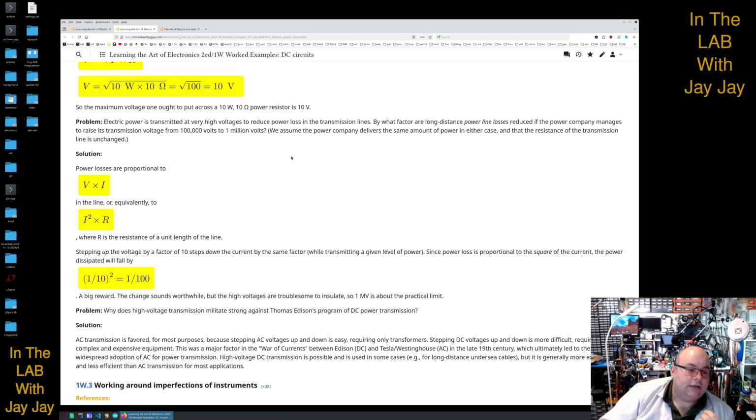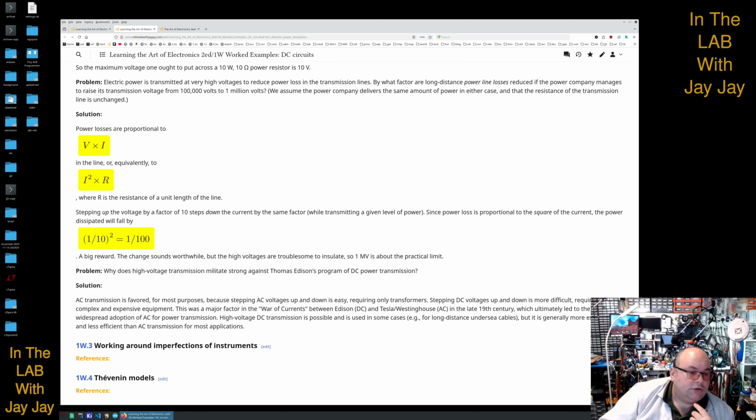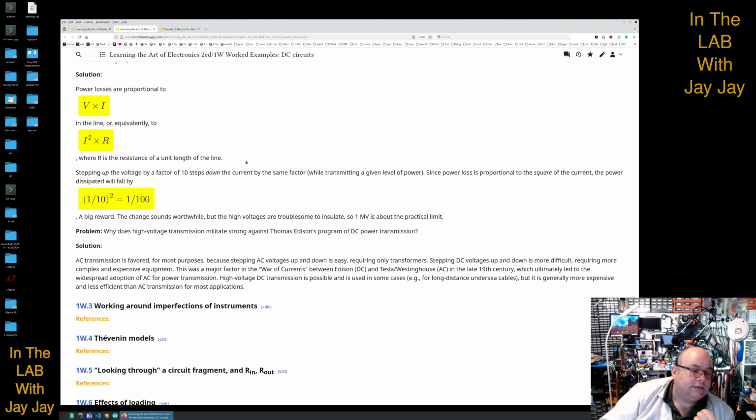So the solution: the power losses are proportional to voltage times current in the line, or equivalently to current squared times resistance, where R is the resistance of a unit length of the line.